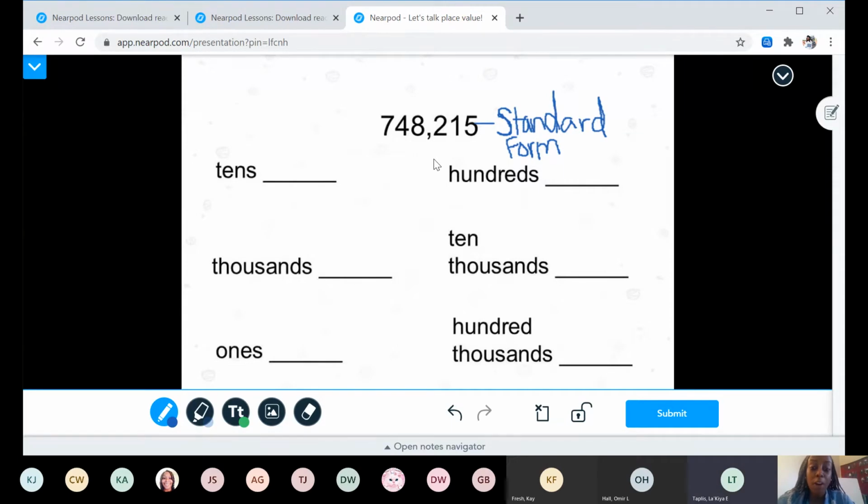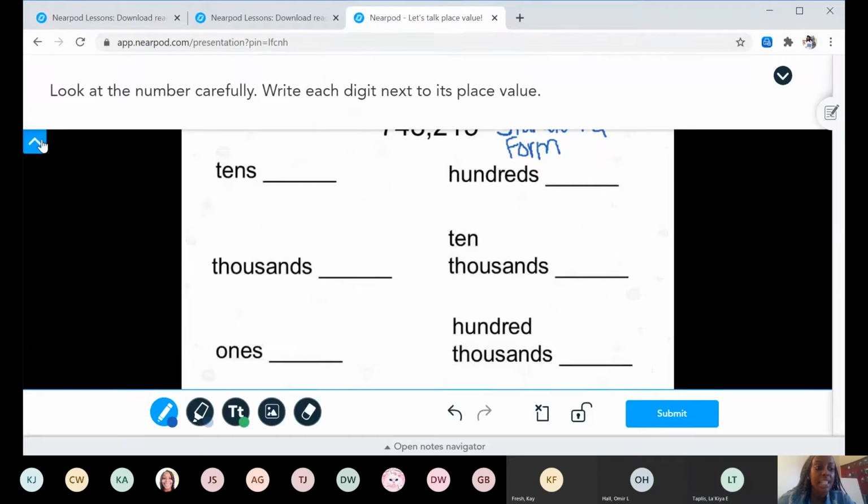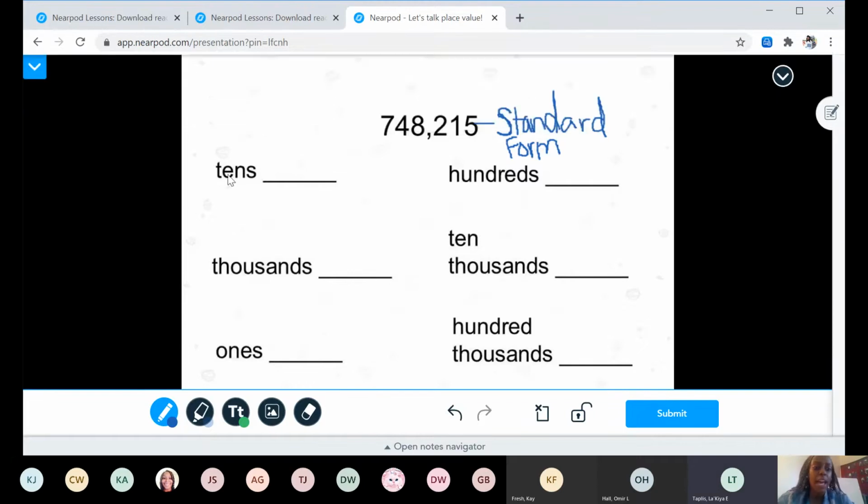All right, so now our question says, look at the number carefully. Write each digit in its place value. Remember, place means the location and value means how much it's worth. If it wants us to write the digit that's in the tens place, I know this is the ones place, so after the ones place is the tens place.